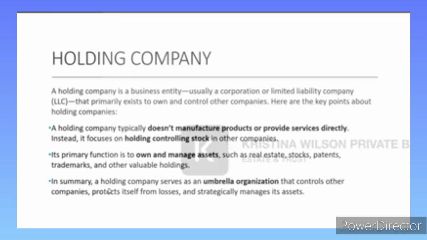In summary, a holdings company serves as an umbrella organization. An umbrella just keeps you from getting wet, does it not? So that's a type of insurance. These are all insurance companies. In summary, a holdings company serves as an umbrella organization that controls other companies, protects itself from losses, and strategically manages its assets.